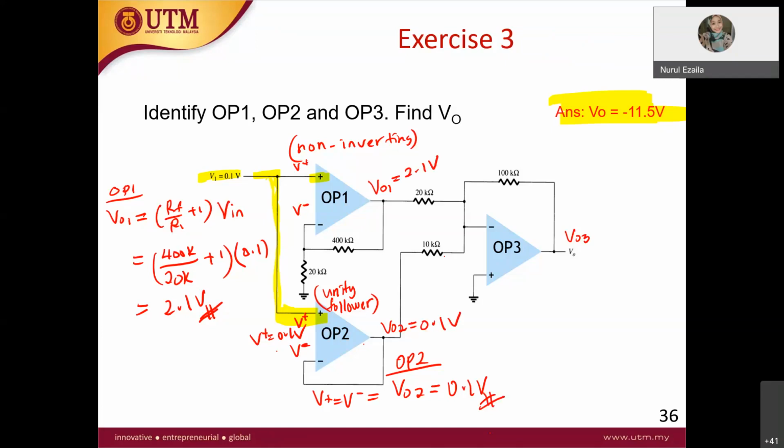Now V out 3. Sorry, op-amp3. I forgot to ask. For op-amp3, what type of amplifier is it? Summing amplifier.